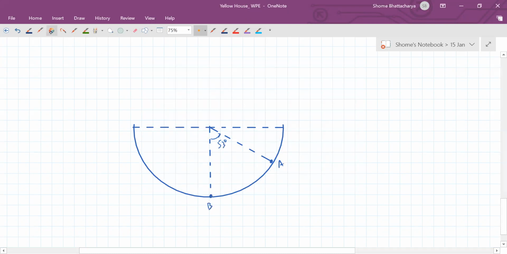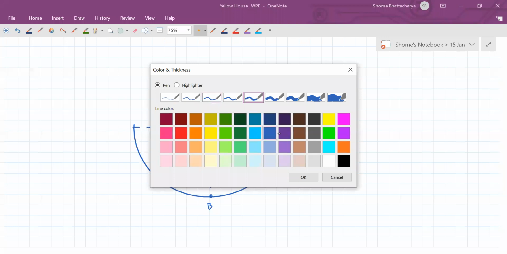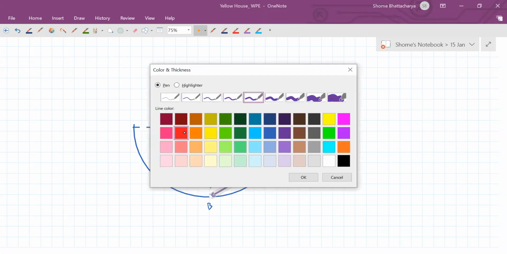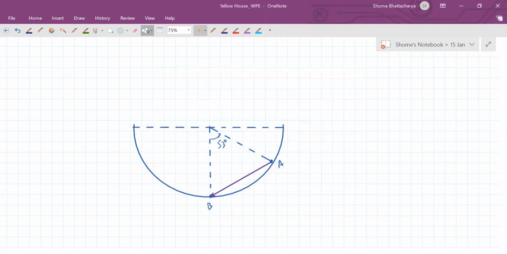Okay, so our displacement vector is this. So to calculate this displacement vector, what we'll do now is we'll drop a perpendicular here from this point onto this.